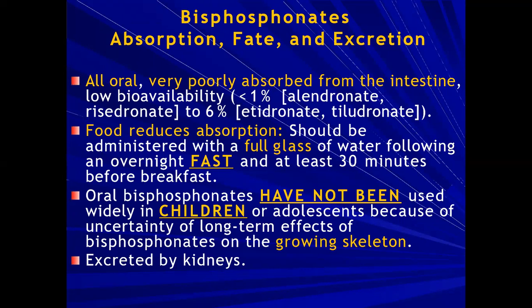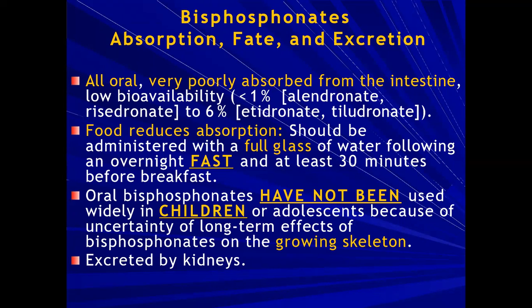So you can see that when giving this drug orally, you have to be very careful because there will be a lot of waste. To aid absorption, it should be administered with a full glass of water following an overnight fast and at least 30 minutes before breakfast, because food reduces absorption of this bisphosphonate.